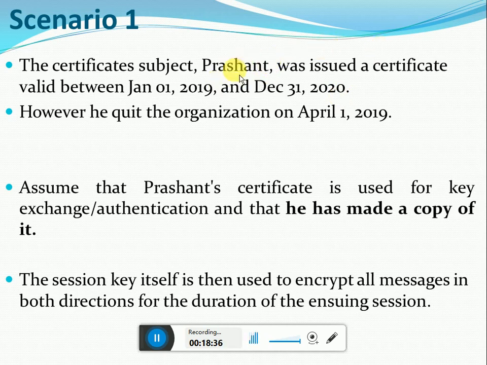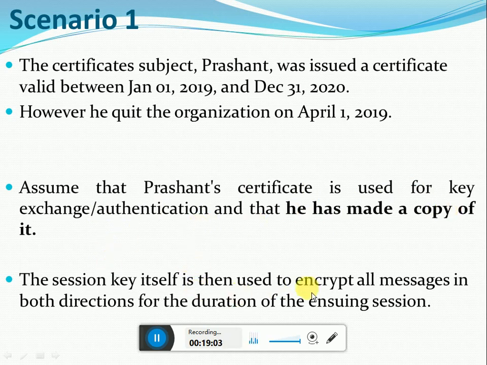In case Prashant quits the organization on 1st April 2019, and we make one more assumption that Prashant's certificate is used for key exchange and authentication, and he has made a copy of it.